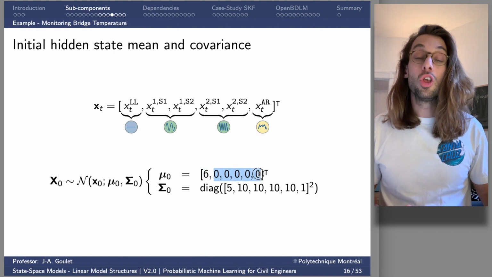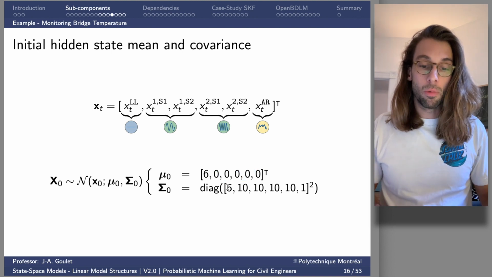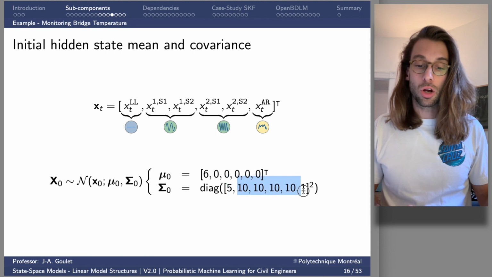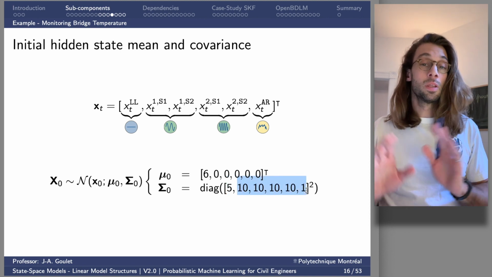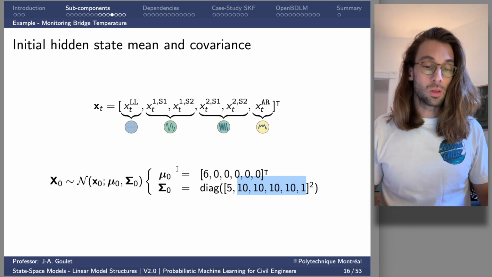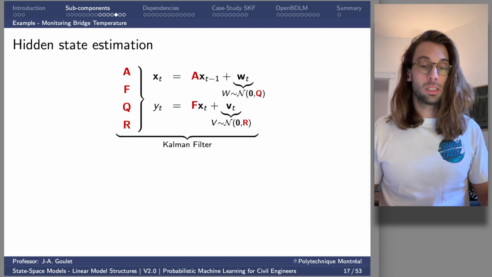The other ones, I have no clue where to initialize them, so I'm going to initialize them at 0. I'm going to have a moderately large standard deviation for my first one and a much larger one for the other ones, just because I don't know at what value to initialize them. So this is the prior expected vector and prior covariance for my hidden state vector.